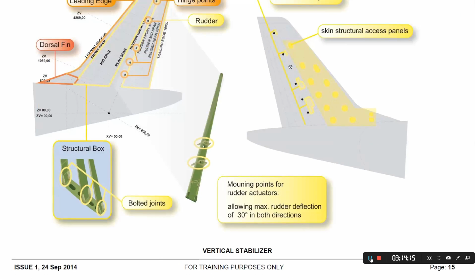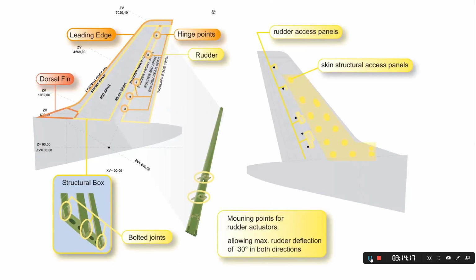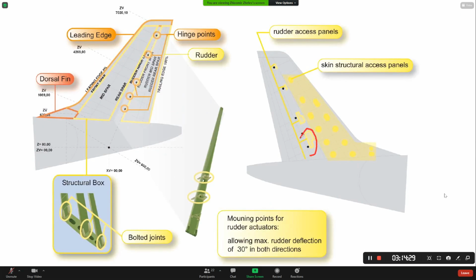This is another point of view for the rudder access panels. We have some access panels to access the hinges for inspection or lubrication. And also we have access panels to access the PCUs, the rudder PCUs.